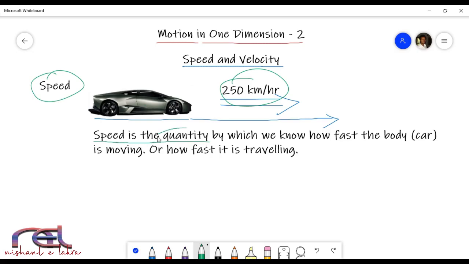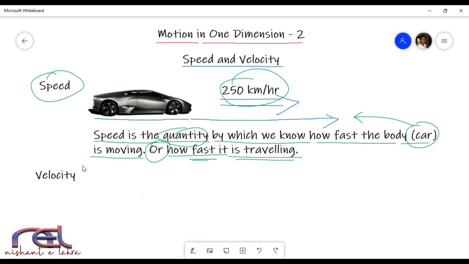Speed is the quantity by which we know how fast a body is moving. In this case, how fast the car is moving. So speed is the quantity by which we know how fast an object or a body is moving, or we can say how fast it is traveling, like this car is traveling at 250 km per hour.